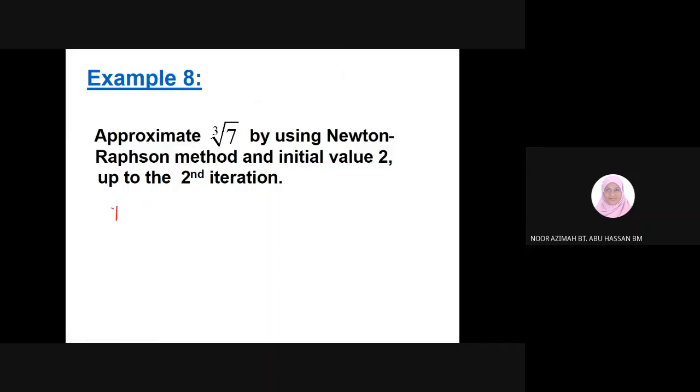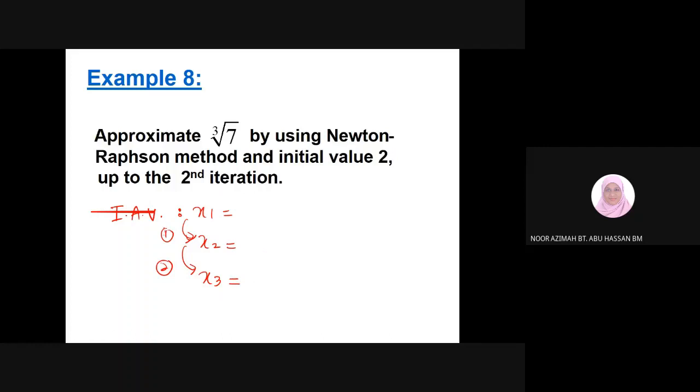So kalau up to second iteration ni, maksudnya kita mula dengan first initial approximation value of x1 berapa. Second iteration means sampai x berapa? x2 ke x3? x3 nah. Sampai x3. Ini first iteration. Ini second iteration.